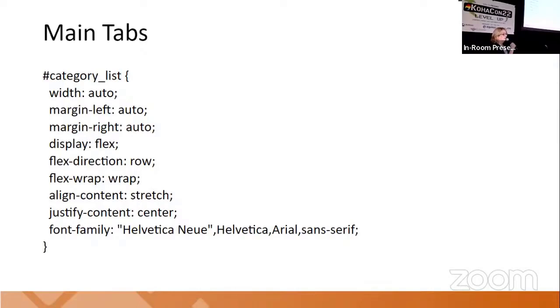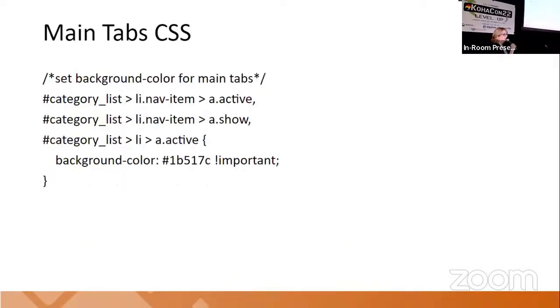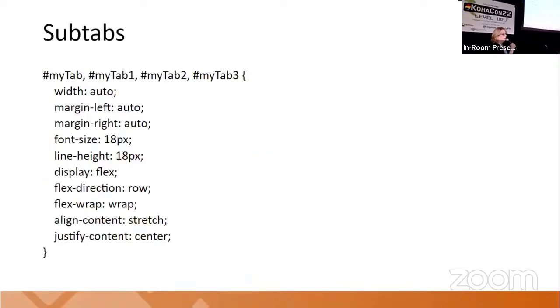I do have a test server, so it allowed me to do these settings, see what it looked like, think, well, that looks awful, I don't want that, so I'd go back to the drawing board, try something else, and just keep at it until we got to a display that we were satisfied with. And some more CSS for those main tabs. And more. So I'm not really going to go through this, but just examples of the code that we actually have in place at the time.